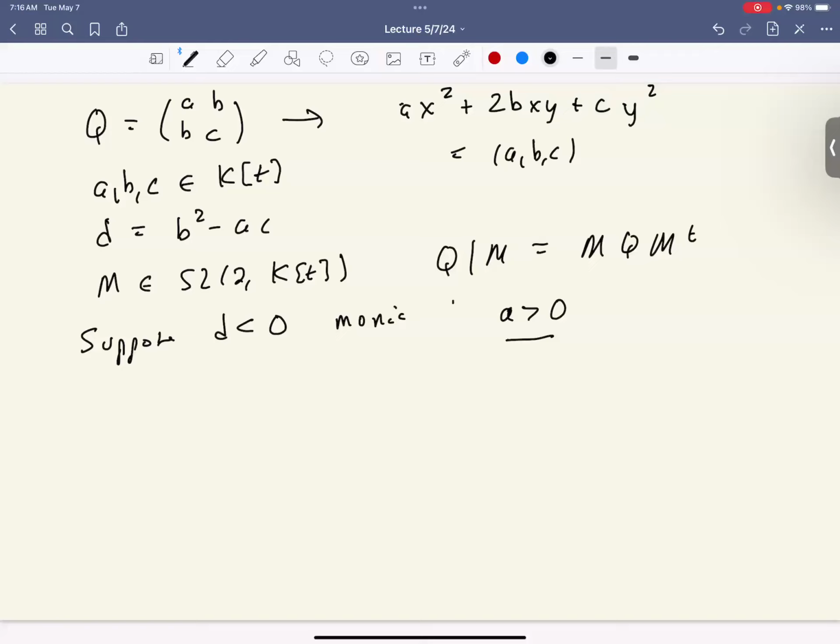But here, what happens is when you change variables, it retains this property. So the set of quadratic forms that have this condition is actually preserved under the change of variables. And that's not completely obvious, but that makes it very handy because every form that you deal with has this property that the leading coefficient A is a square.